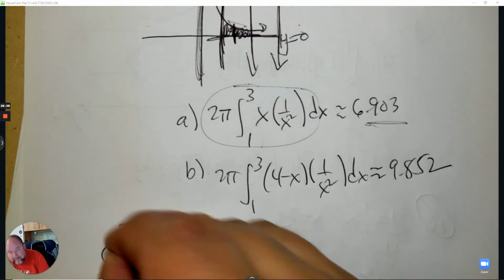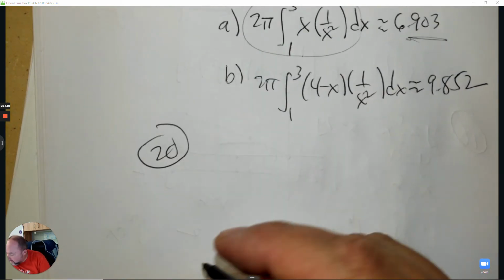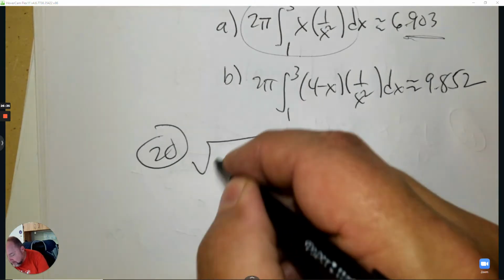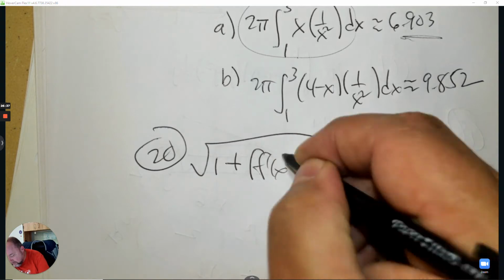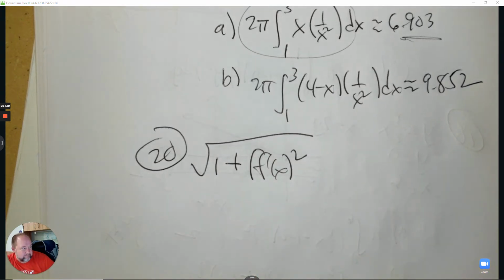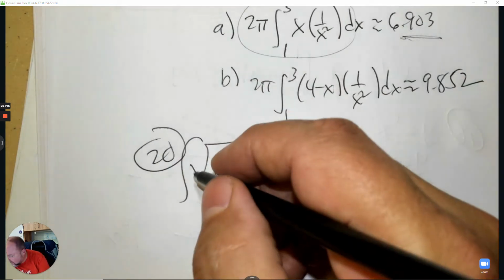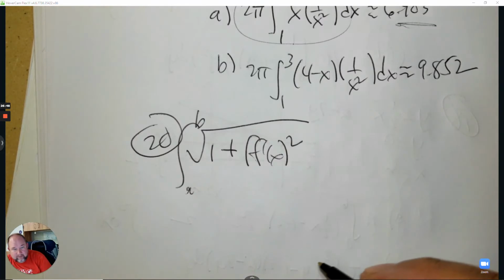20. In number 20, it says find the length of the curve. So to find curve length, it's the square root of 1 plus the derivative squared. That's what I'm looking at. You just have to memorize it. And we're integrating. So there's the formula.